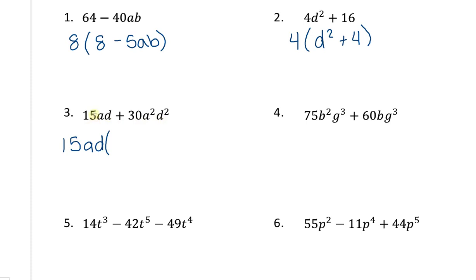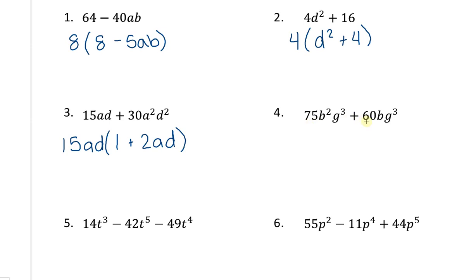So if we divide, 15 divided by 15 is 1. A and a cancel, and d cancel, so we're just left with 1. Then 30 divided by 15 is 2. A squared divided by a, we just have an a left, and d squared divided by d, we just have the d left.